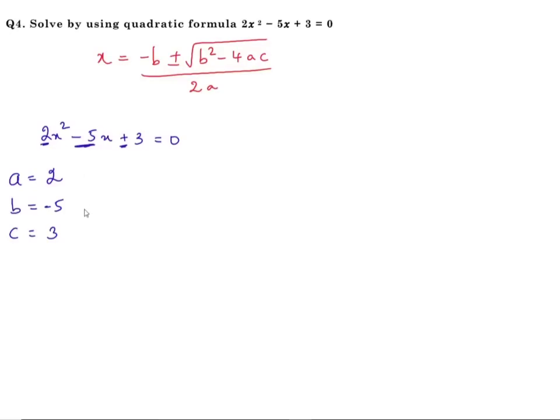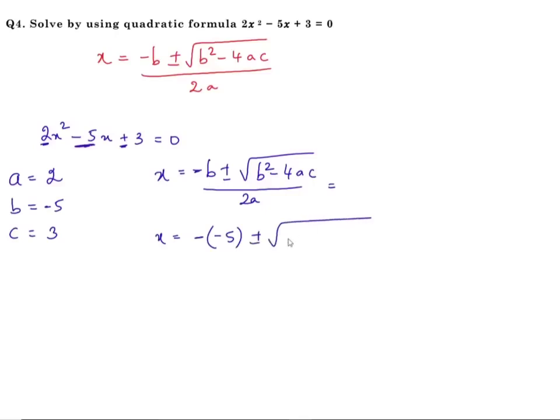Now substitute all these coefficient values in the quadratic formula. I am writing it again so that it is practice for you. X equals minus b plus or minus root b square minus 4ac by 2a. X equals minus, b value is minus 5, don't get confused with the b value, plus or minus square root of minus 5 whole square.